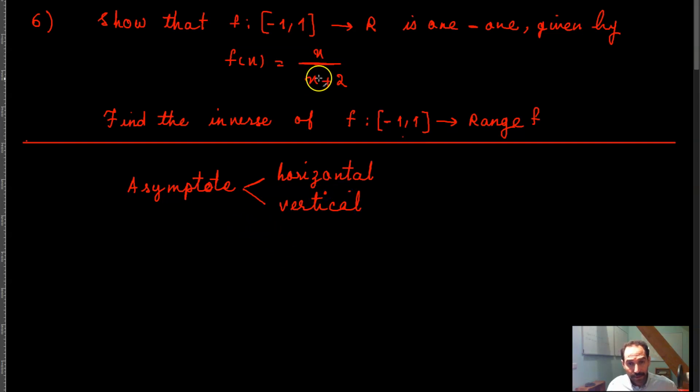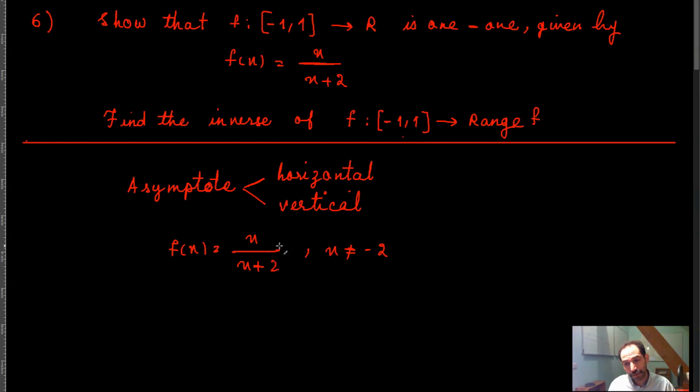For example, with this function f of x is equal to x over x plus 2, x cannot be equal to -2. You would be dividing by 0 at -2.